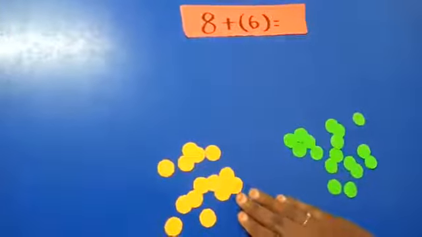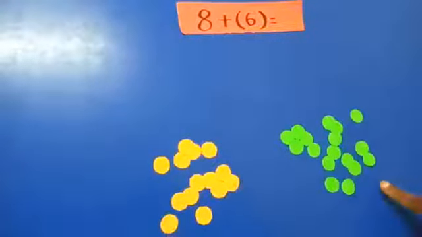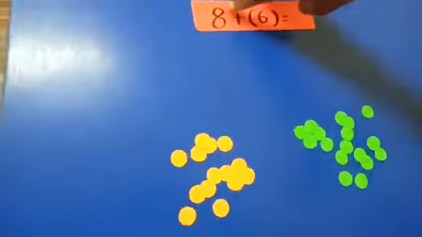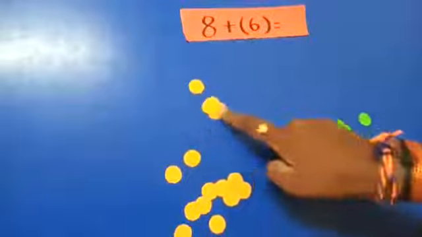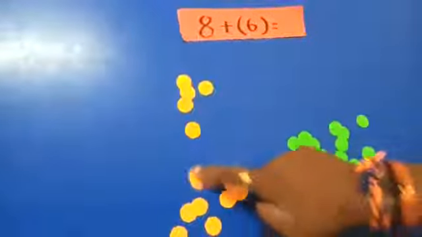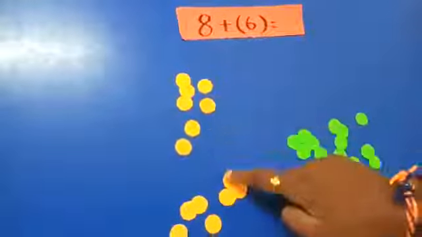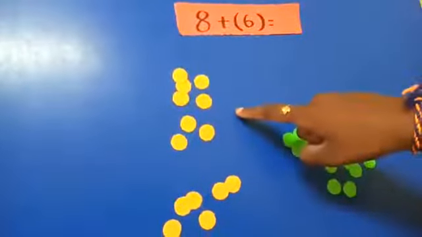The yellow one is the positive integer, the green one is the negative integer. The first number is 8, which is positive, right children? Yes. So I am going to arrange 8 beads, 4, 5, 6, 7, 8.